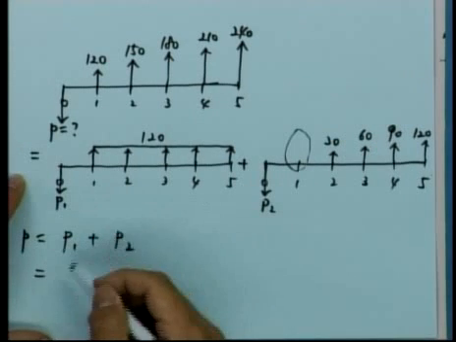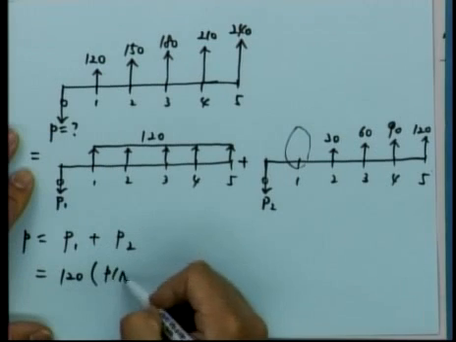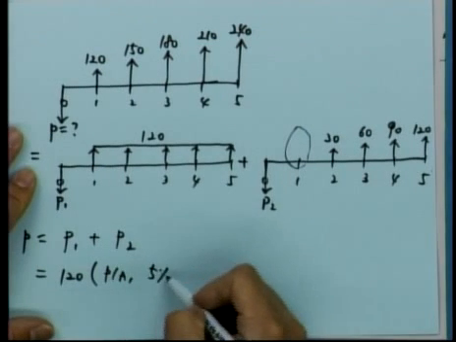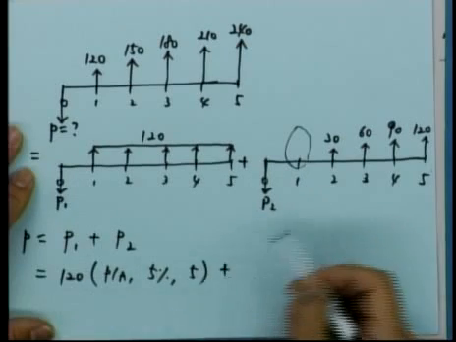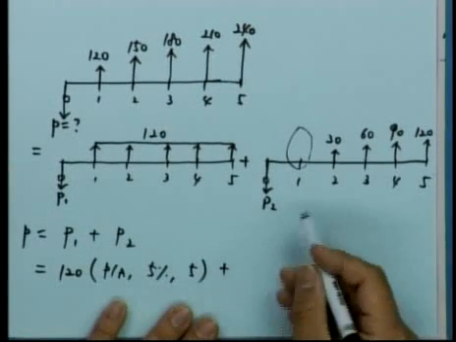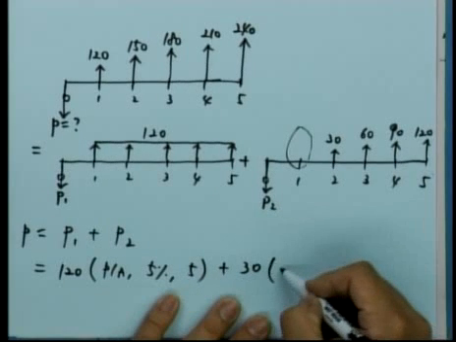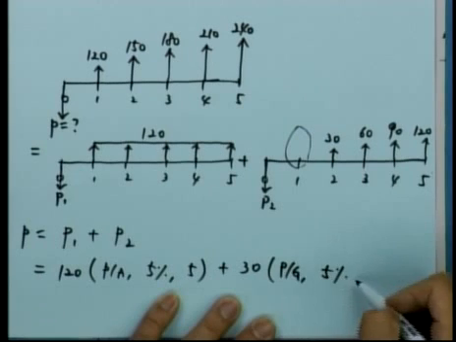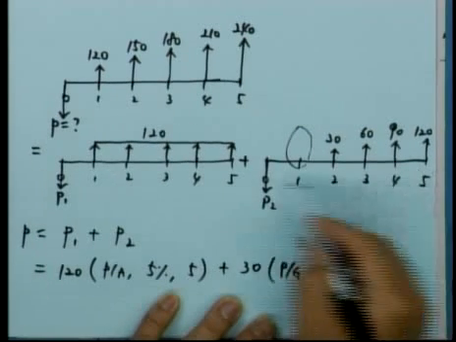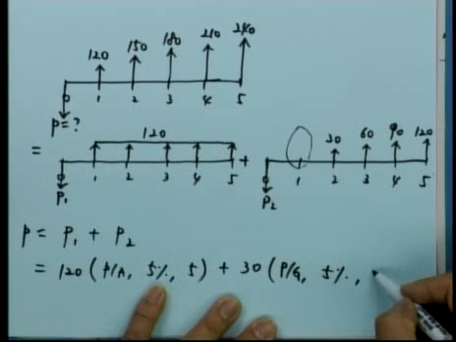P1 can be obtained by 120 times P given A, 5% over the next 5 periods, plus P2 is 30 times P given G, 5% over how many periods? Again, 5 periods, not the 4 periods. So you have to be careful.